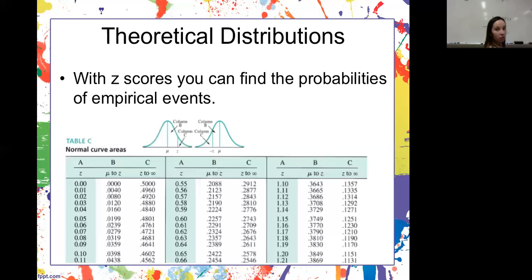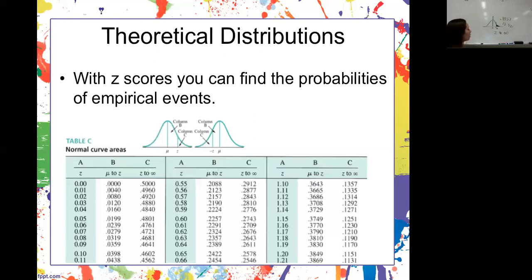And if you wanted to convert that to a percent, you would just say 13.57% of the distribution is associated with the z-score of 1.1 or higher. Or another way to say that is 13.5% of z-scores are 1.1 or higher. So that's how you work with the z-table.